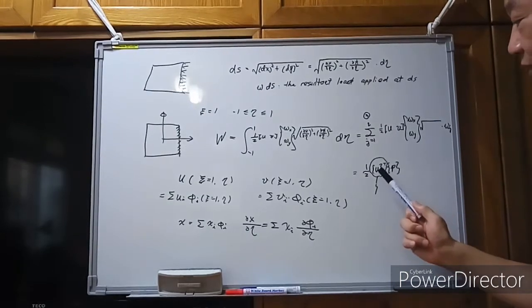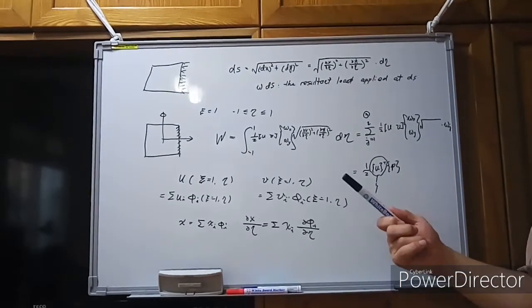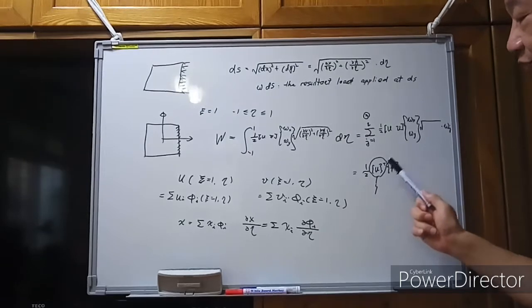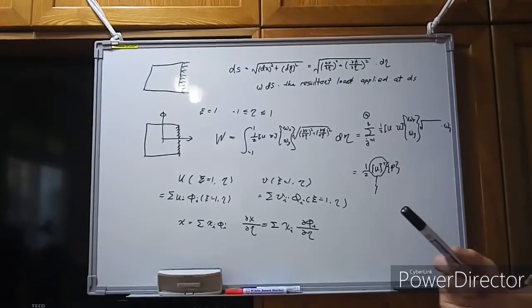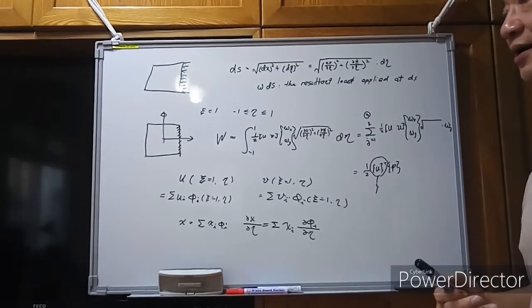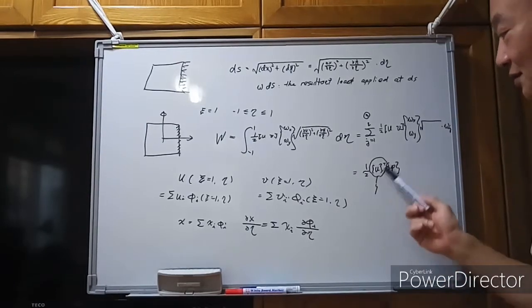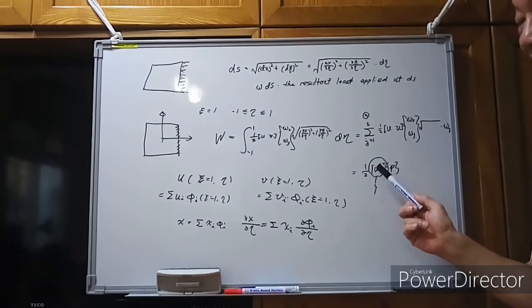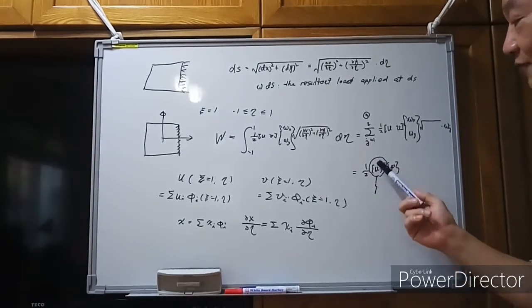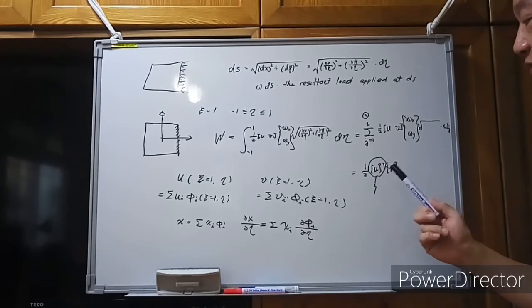Okay, but when you consider the equivalent nodal load vector, you had better consider the entire, the complete displacement vector. So it means we have 8 elements in this vector.